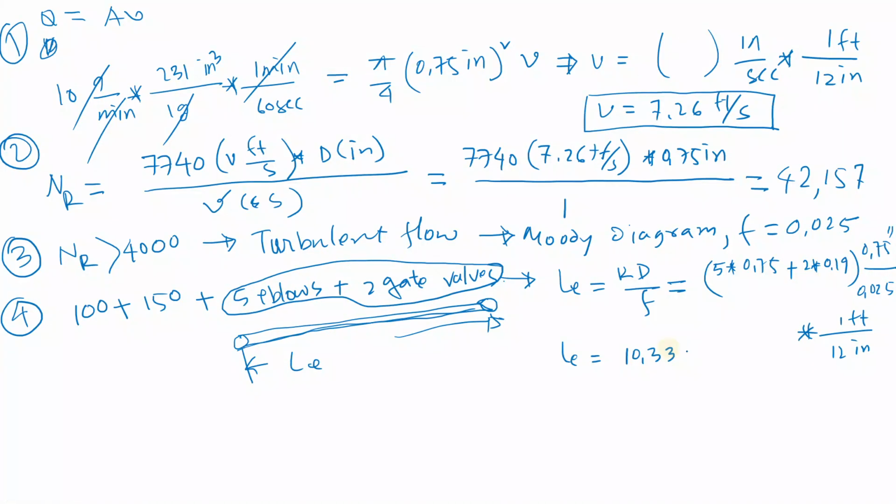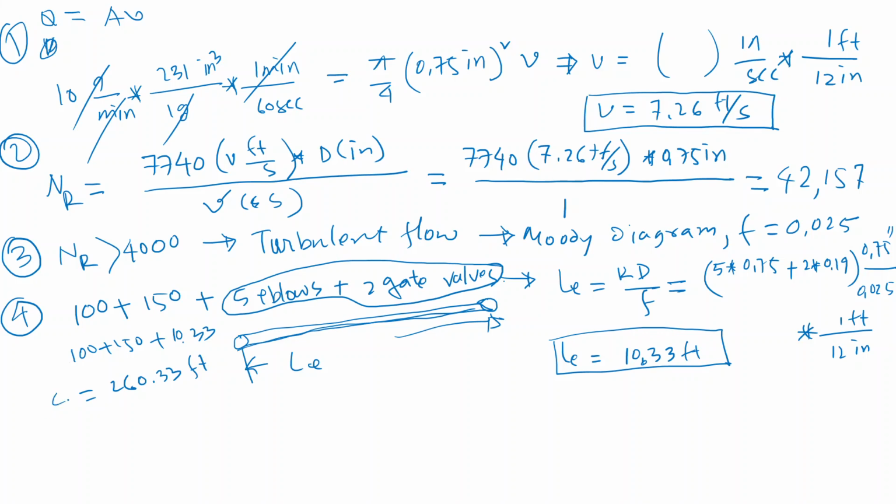So 5 90-degree elbows and 2 gate valves will have the exact same loss as 10 feet of straight pipe. So the total length you have to account for is 100 plus 150 plus that equivalent length, 10.33. If you add all of them, it's 260.33. Probably can ignore the numbers after the decimal point.